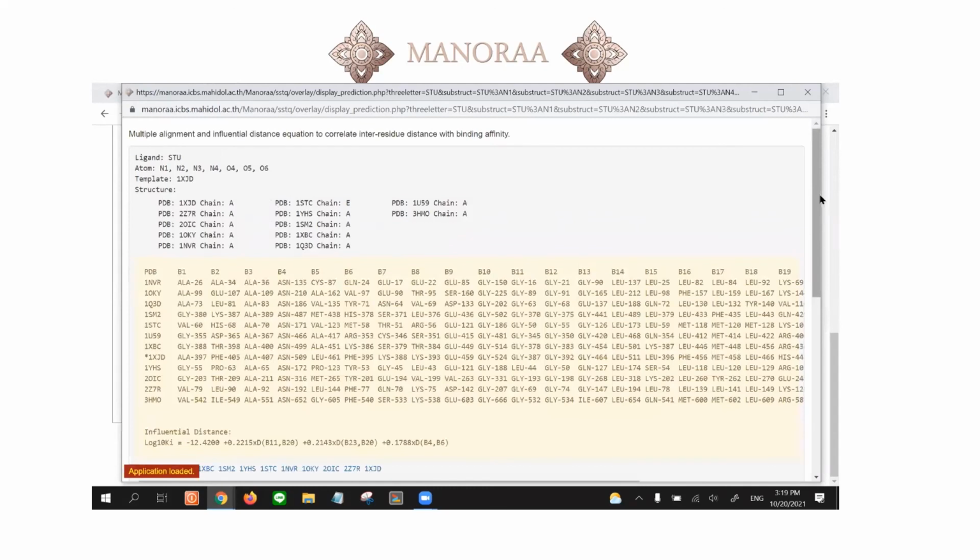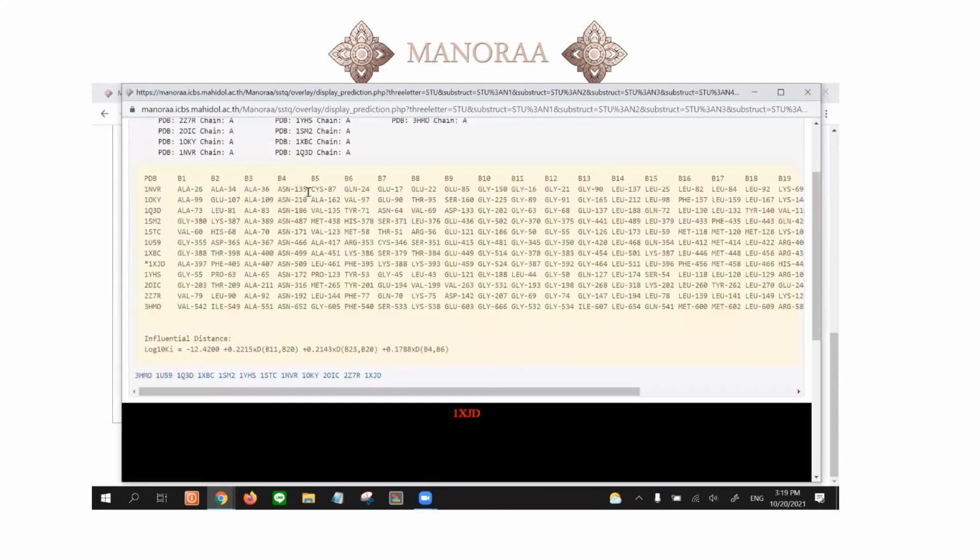After superposition, it will give you the list of frequently occurring atoms according to the superposition atoms that you input, and these are the residues that are equivalent. The header shows the residues used for distance measurement, such as this one, where the distance will be B11, B12, B20. So it's B11, B20.